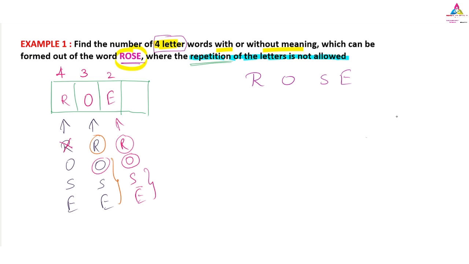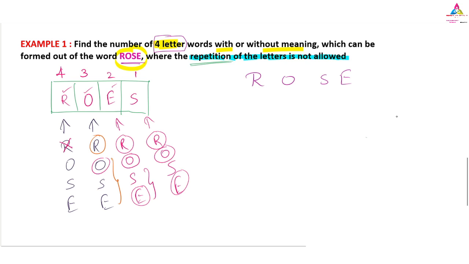Then for the next place, R, O and E are already taken, so only 1 possibility is left, that is S.